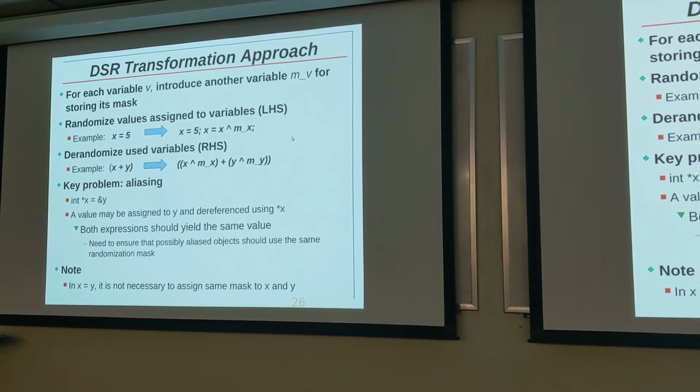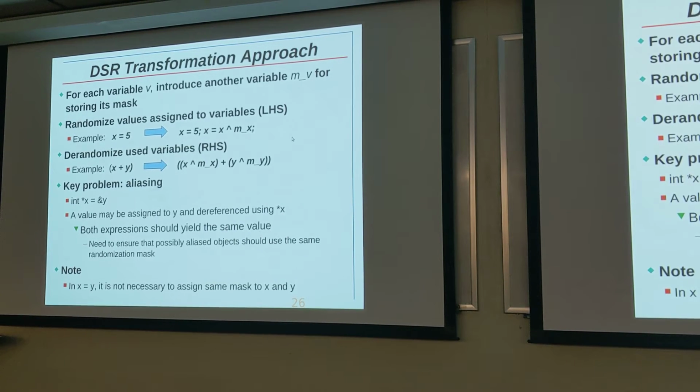So any two variables that can be legitimately aliased should somehow have the same mask assigned to them. This is an extra level of carefulness that's needed, and it's not always easy to get right in really complicated C programs. So it remains an interesting technique, but not very easy to apply.